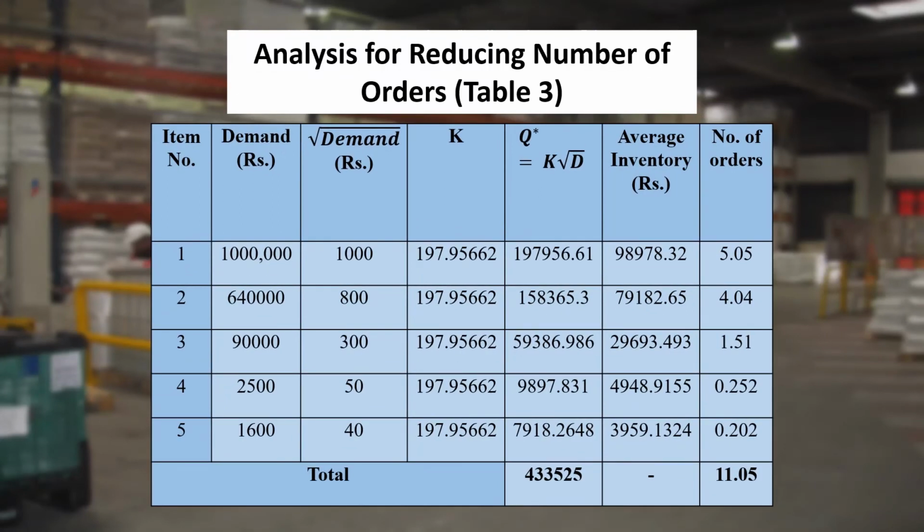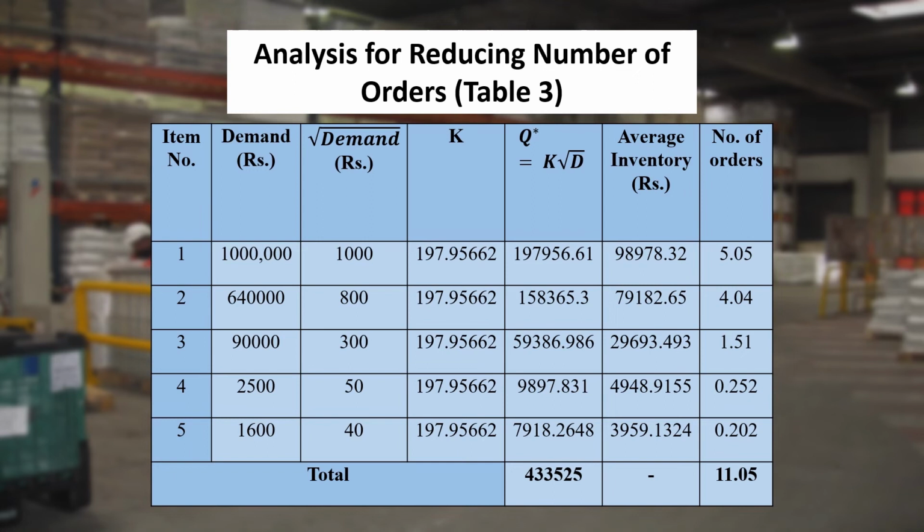If you see the values, item number 1, 2, 3, 4, 5, the annual demand is there, 10 lakh, 664, like this, and you can see the quantity you are ordering, and then K represents the value which you have calculated. So average inventory you can see 98978 for item 1, similarly for other items.